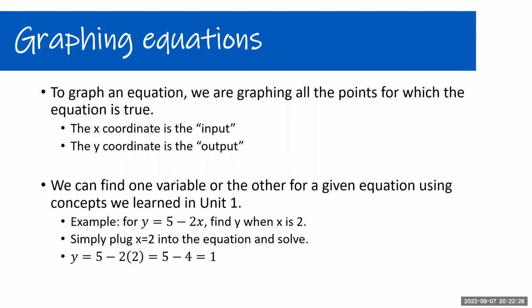So for example, if we want y equals 5 minus 2x, and we want to find y when x is 2, we say y equals 5 minus 2, and wherever we see x, in 2x, we plug that value of x in there. So we're going to get 1, because 5 minus 4 is 1. So our point would be our x value and the resulting y. We put 2 for x and ended up with 1, so that's how we would plot that point.